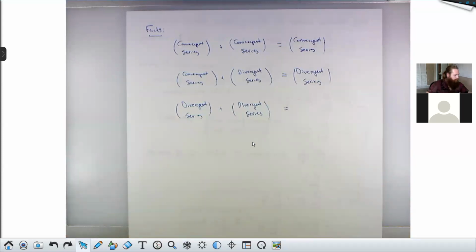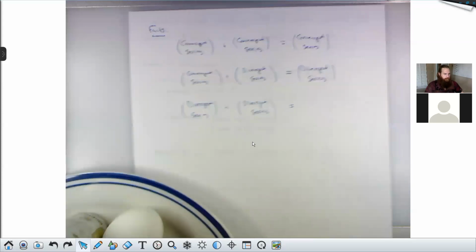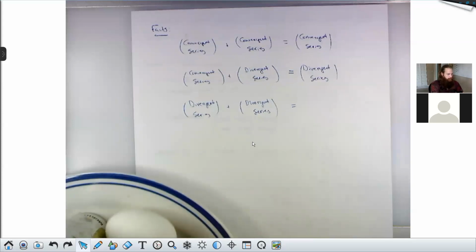Or is it possible that something else happens? Our intuition wants to say that a sum of two divergent series should be divergent. Well, that intuition is wrong. It could also converge. Yeah, it could go either way.